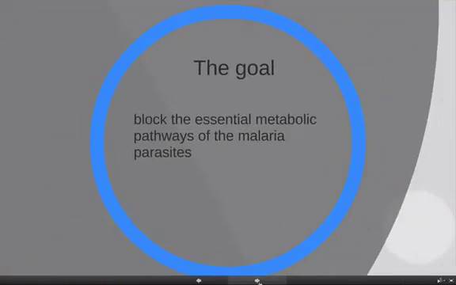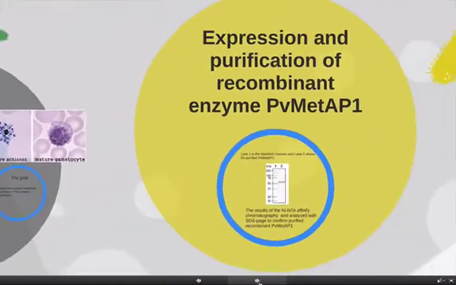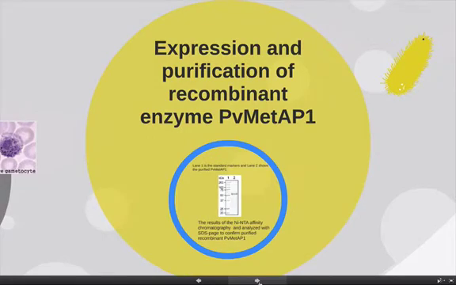The goal of research is to use methionine aminopeptidase, or MET-APs, to block the metabolic pathways of the malaria parasite Plasmodium vivax. To express and purify the enzyme PvMET-AP, it was amplified by polymerase chain reaction.